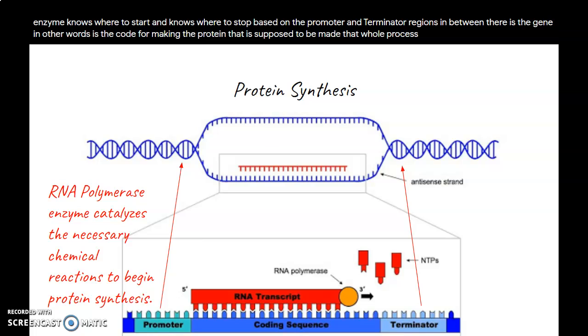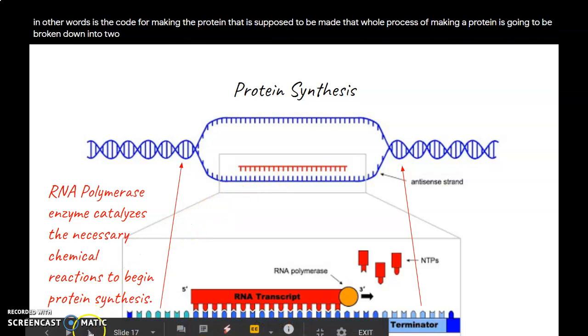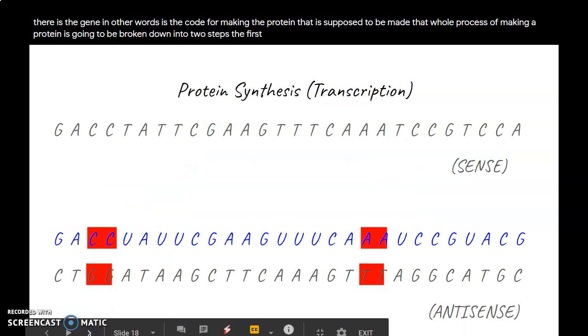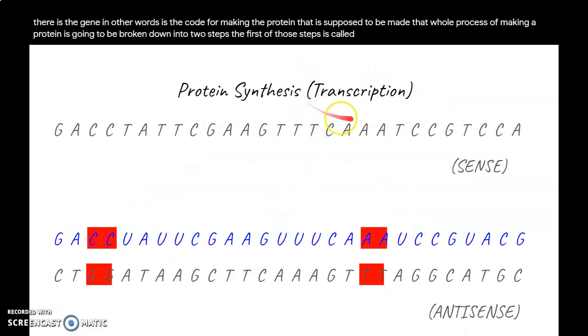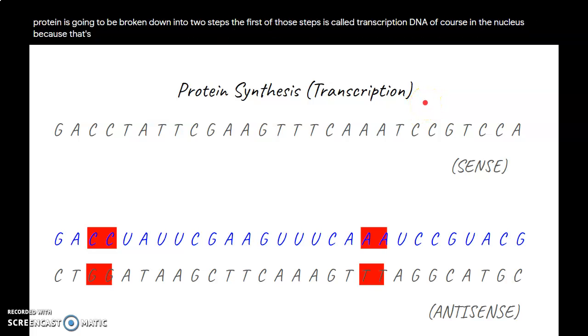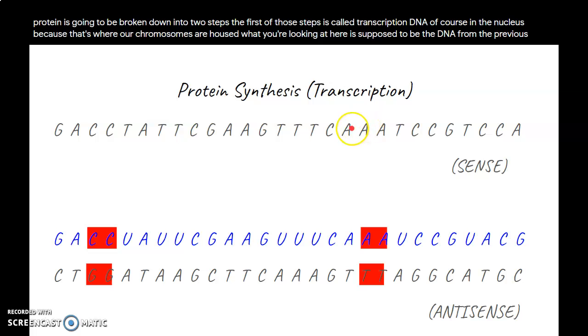That whole process of making a protein is going to be broken down into two steps. The first of those steps is called transcription, and it's going to take place with the DNA, of course, in the nucleus, because that's where our chromosomes are housed. What you're looking at here is supposed to be the DNA from the previous picture.